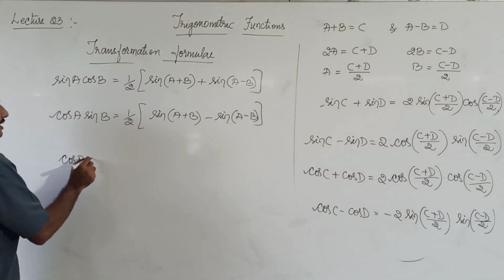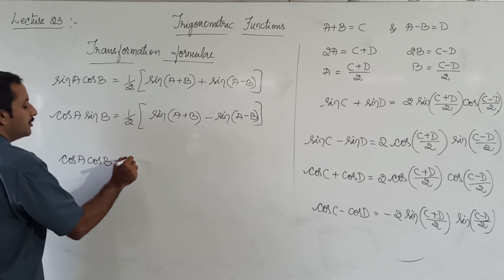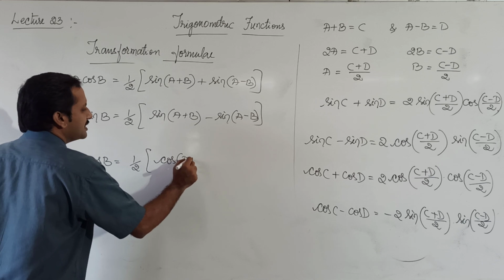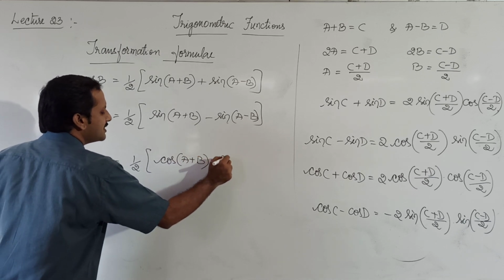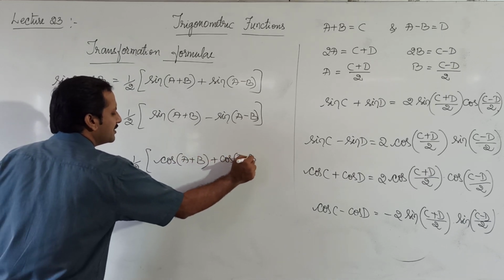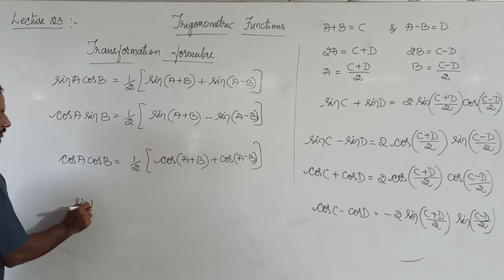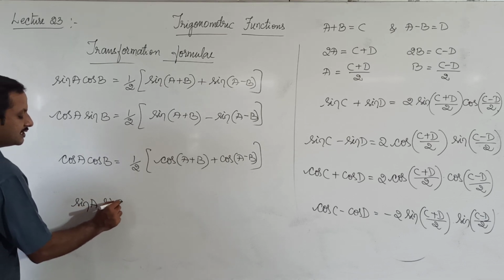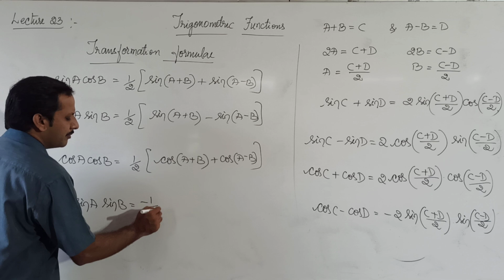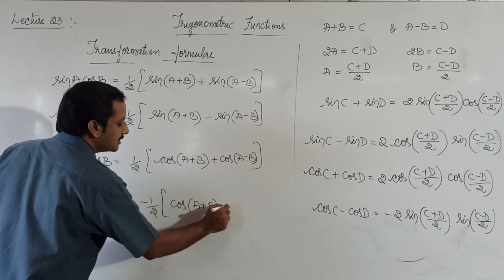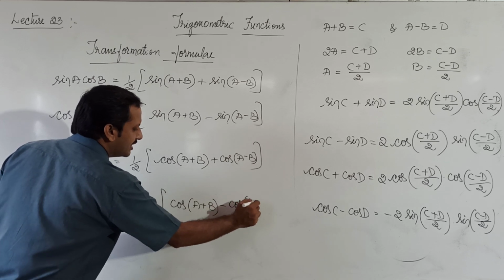Cos a cos b, that's equal to 1 by 2 into cos (a plus b) plus cos (a minus b). Then sin a sin b, this is equal to minus 1 by 2 into cos (a plus b) minus cos (a minus b).